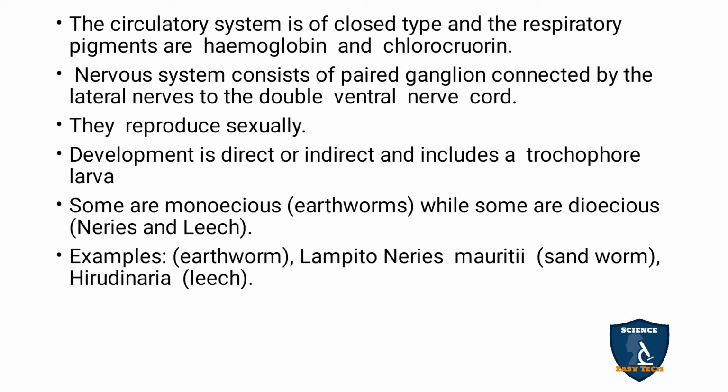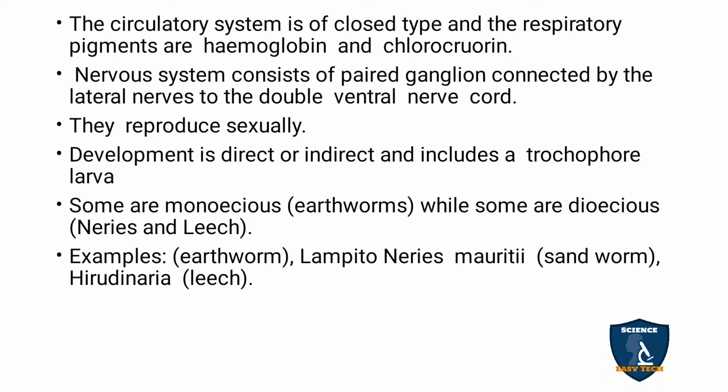So it is a closed type, and the respiratory pigments are hemoglobin and chlorocruorin. They may ask this for 1 mark in your board exam as well as NEET. So what are the respiratory pigments present in annelids? Hemoglobin and chlorocruorin.